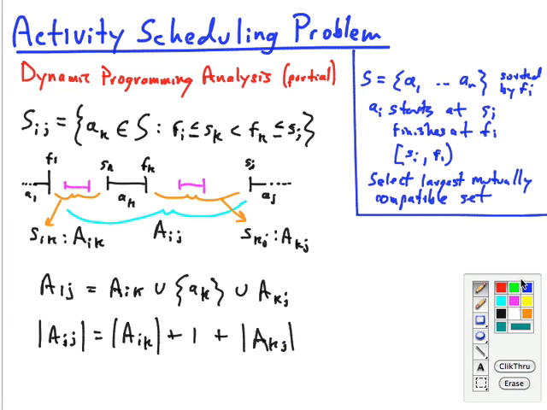Now, by the cut and paste argument, an optimal solution for S_ij, which we've defined to be A_ij, must include the optimal solution for these two things here.